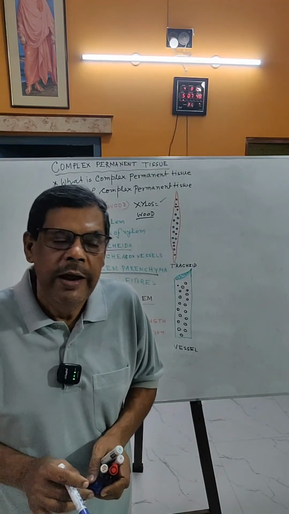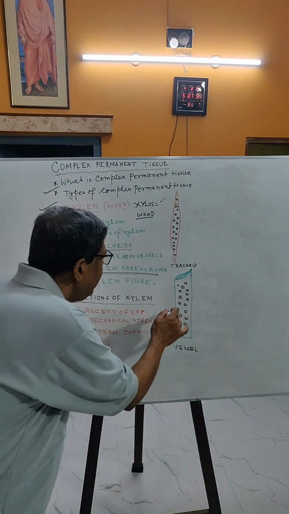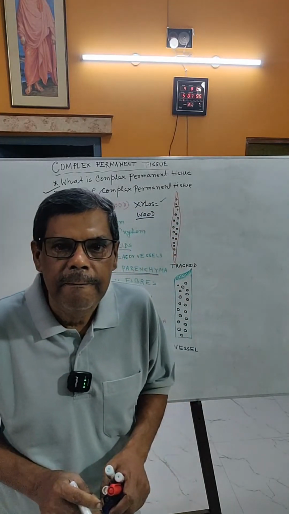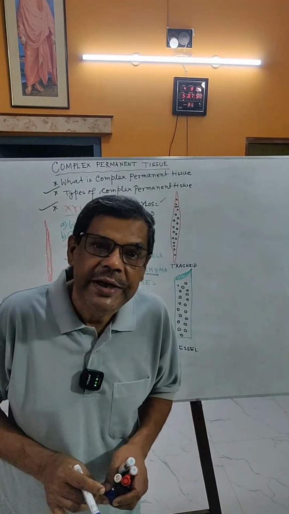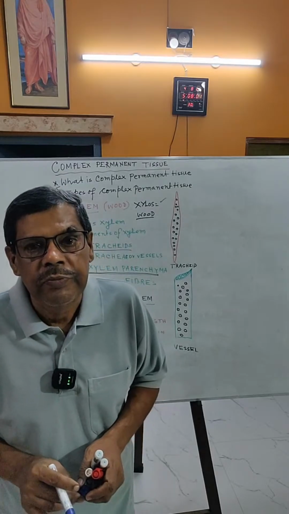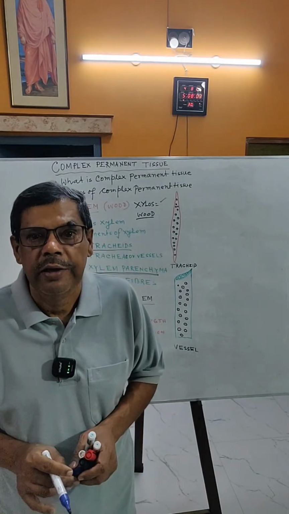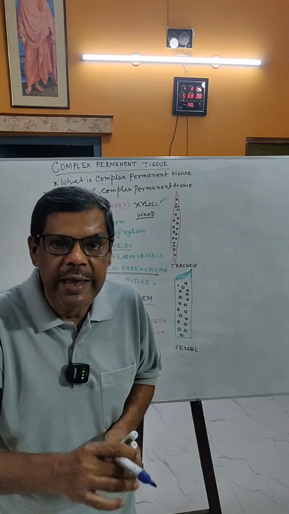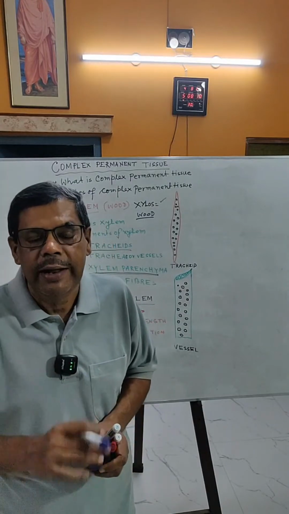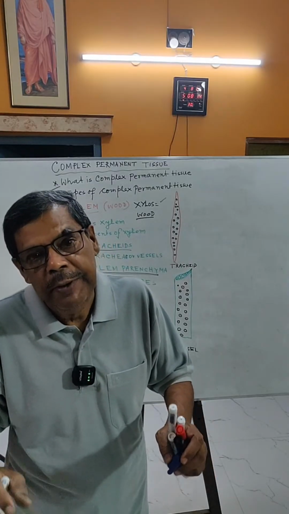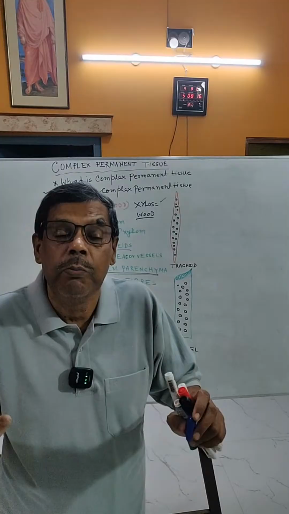Next, the walls of the vessels are ornamented, same as tracheids: annular, spiral, reticular, scalariform and pitted. Pits are simple or bordered pits.